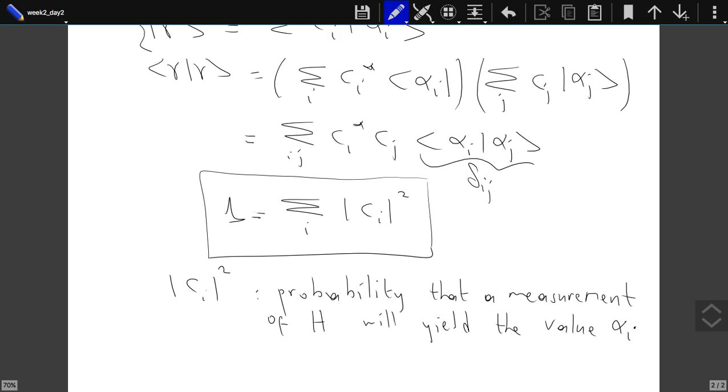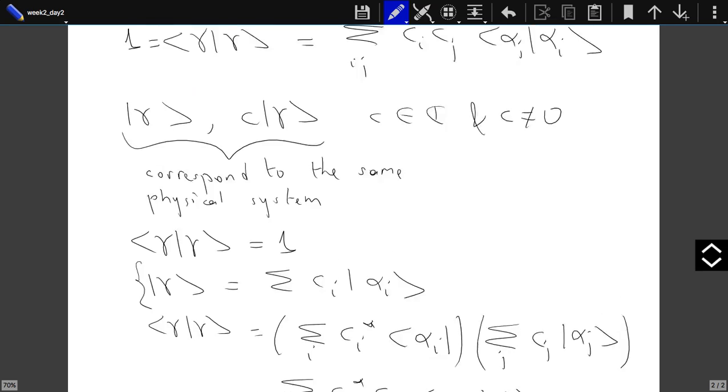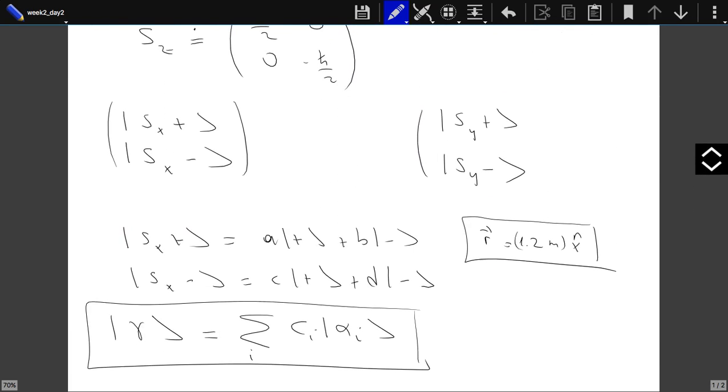So the problem is, what do you do with superposition states? If you have pure eigenstates, then it's kind of easy to interpret them. We know what they are. But quantum mechanics allows us to talk about superpositions. So the problem is, what do they mean? And this is the Copenhagen interpretation of superpositions. For example, we will be talking about states of this form.